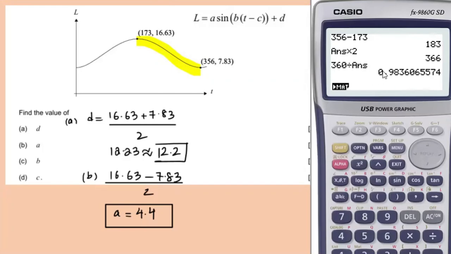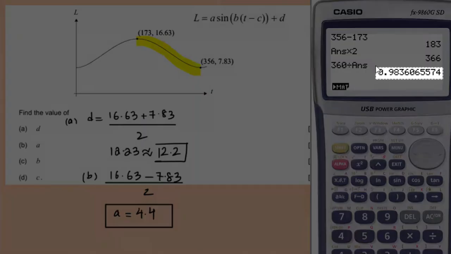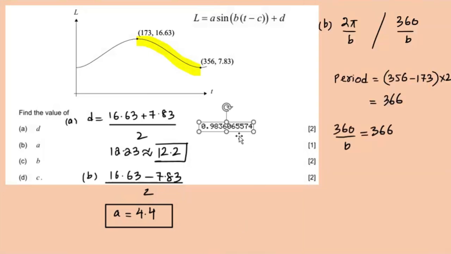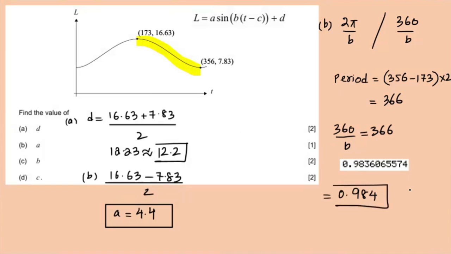Now I'm getting this big value for B. Okay. So let's put it over here. But you need the final answer as three significant figures. So 0.984, right? Okay. There we go.